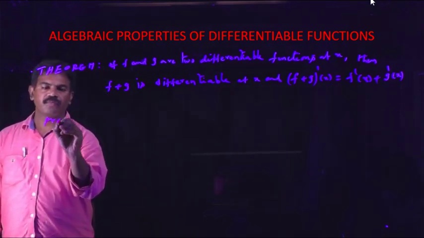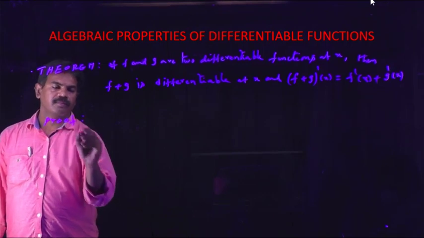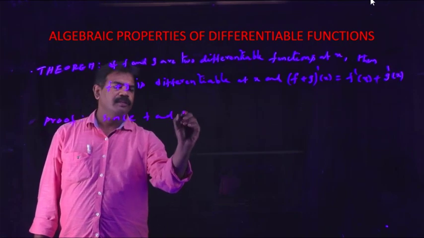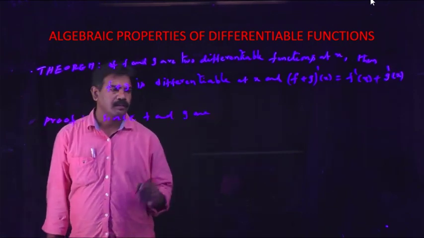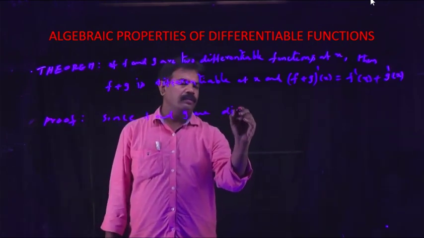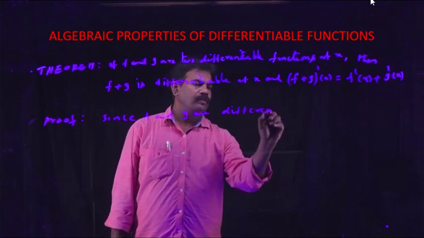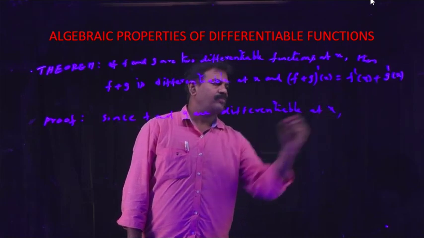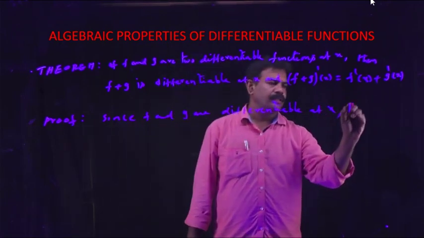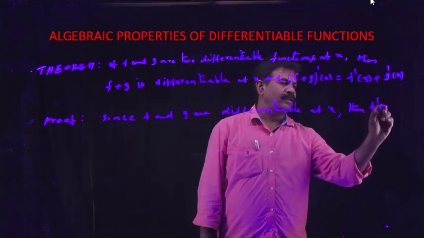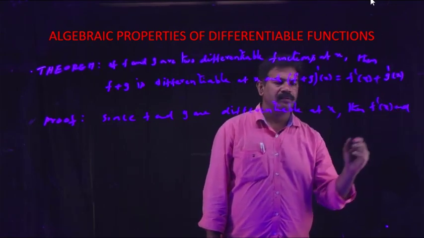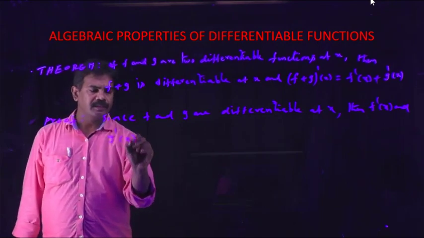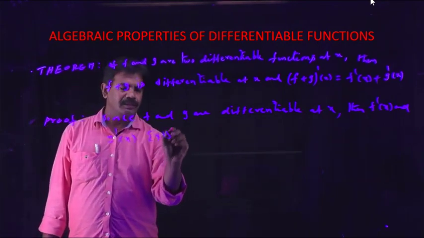Proof. Since f and g are differentiable at x, then f dash x and g dash x exist.